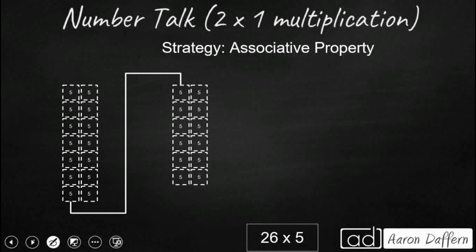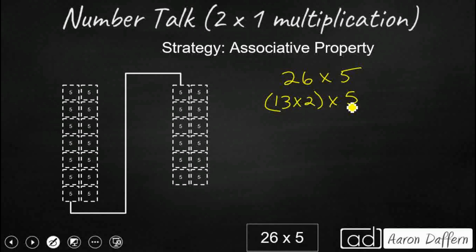We can also finally use the associative property. So what the associative property does is we're going to take our 26 times 5. We're going to say, you know what, this 26, let's break that into 13 times 2. That's actually the prime factors of 26. And so that's the only way we could break that up. 5 is a prime number, so this is really the only thing we could do with the associative property.